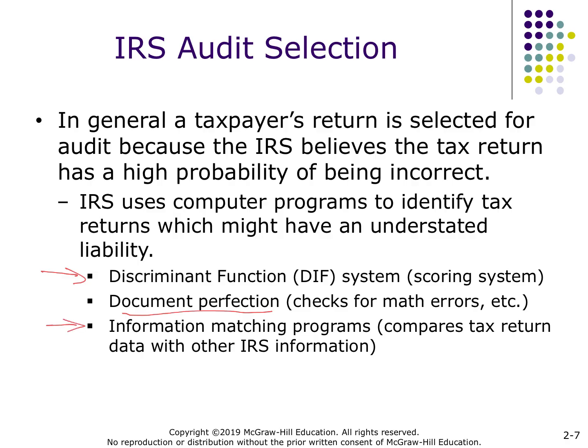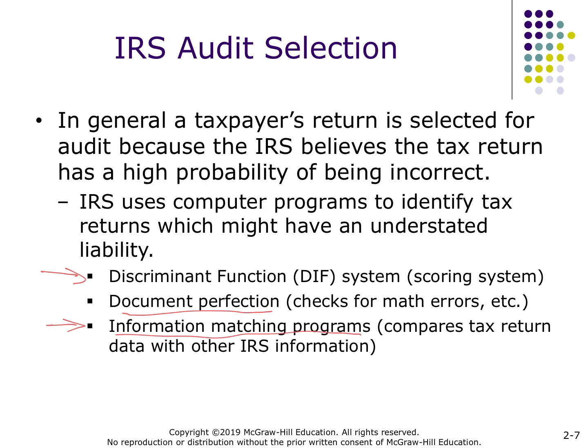Information matching. This one's pretty slick as well. So I'm an employee of UMSL. UMSL submits employment tax information to the federal government. All right. So if I decide, you know what, I do not like paying taxes that much, I'm not going to report my UMSL income to the IRS. So I won't include that W-2 in my tax return. And then the IRS won't know that I even made that income, right? Well, wrong, because of this information matching system.